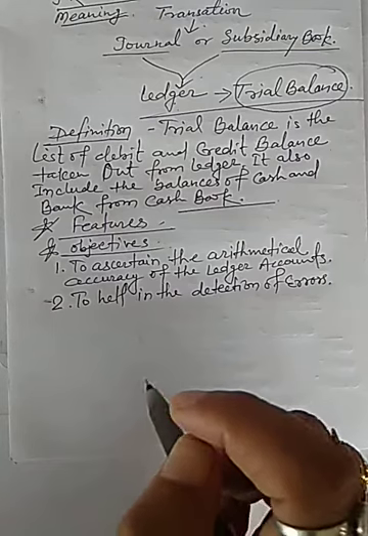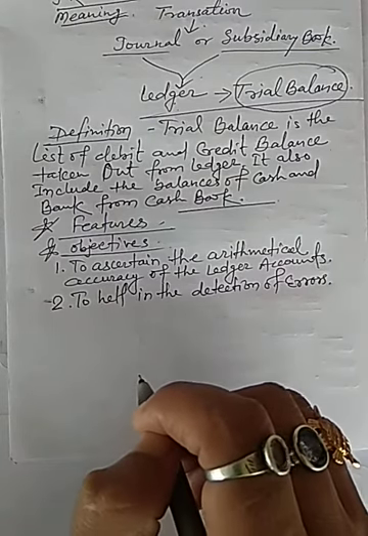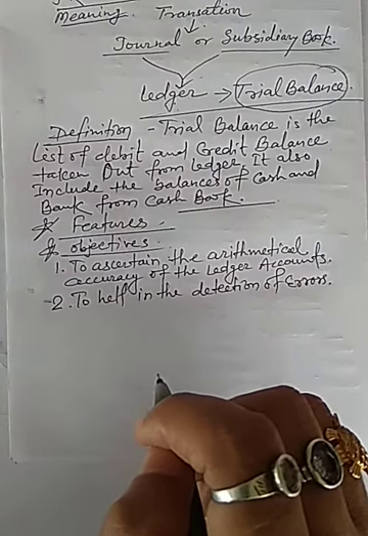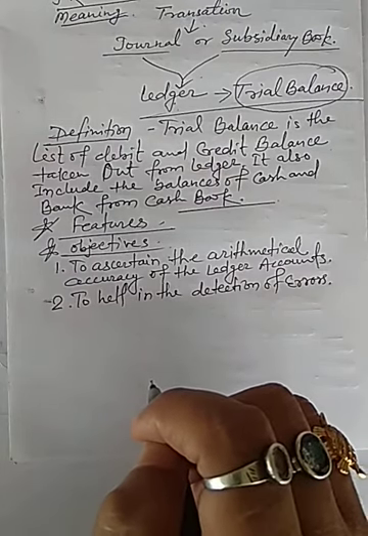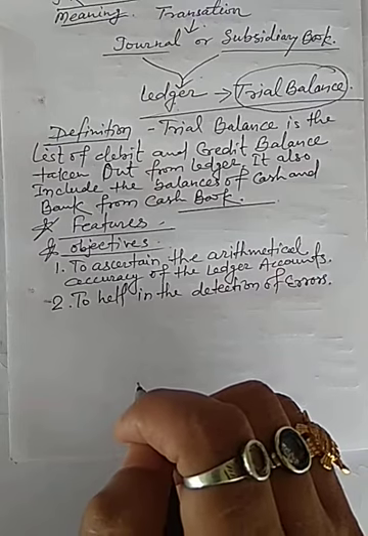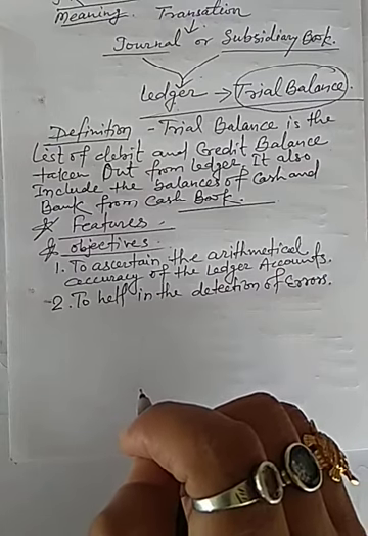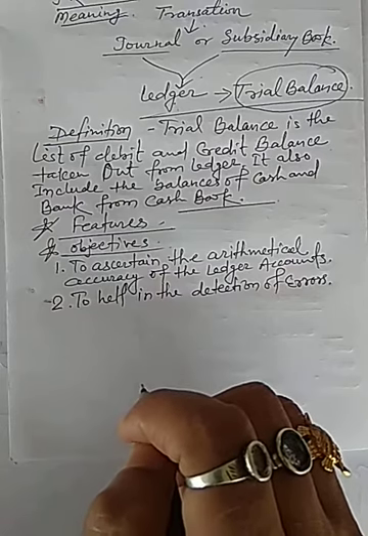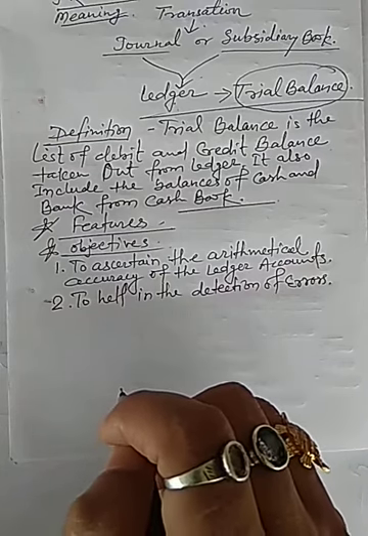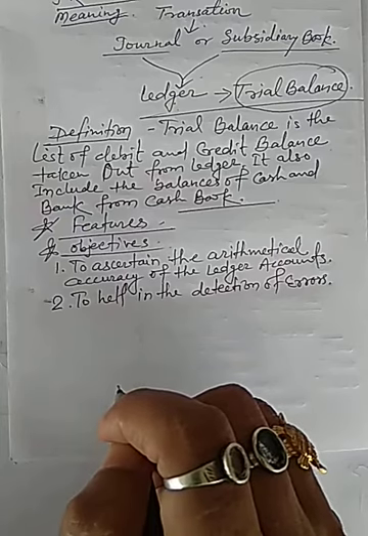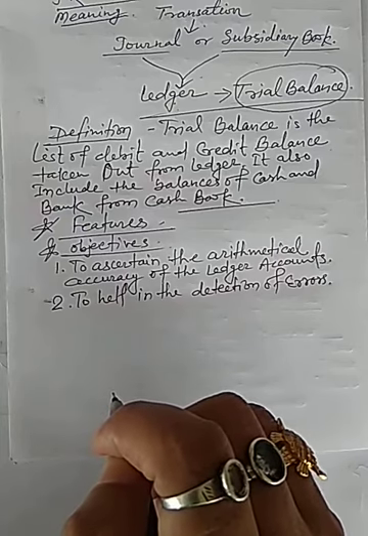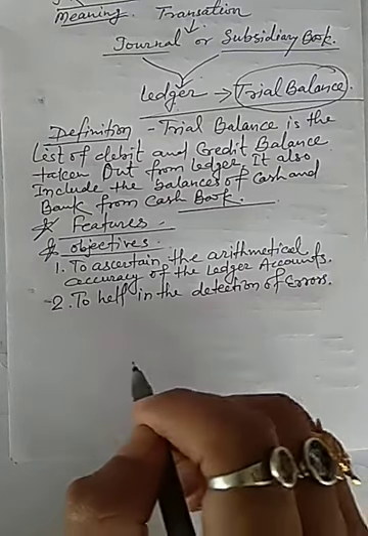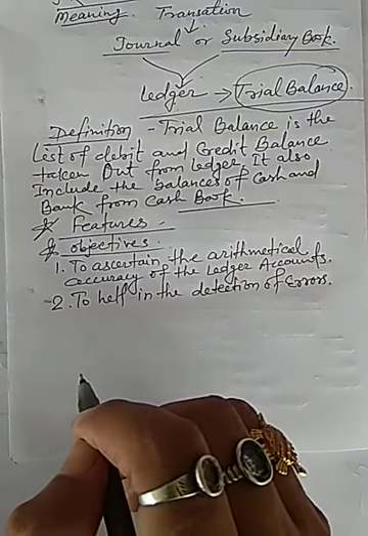Even a small difference in the trial balance is to be given the same importance and attention as a large difference, because it may be possible that there may be a number of errors which have offset the effect of one another, resulting in a small composite difference.